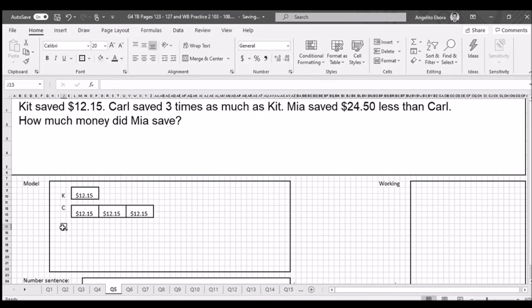Okay. So Mia, this is Mia. So M. So we'll draw this model for Mia.